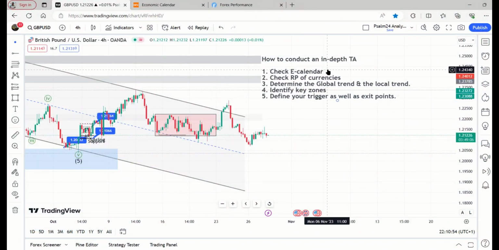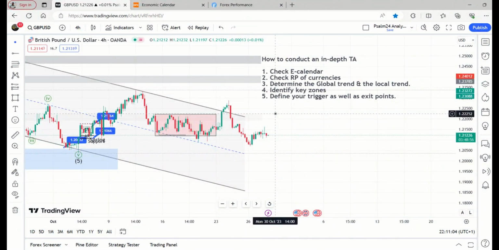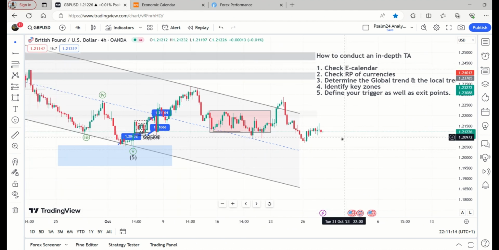If you could actually check all of this before you start trading, I think it would make you better prepared psychologically. It's also going to give you a sense of diligence that you're actually doing the right thing, unlike just jumping on the chart and drawing trend lines without knowing the underlying drivers of the market.